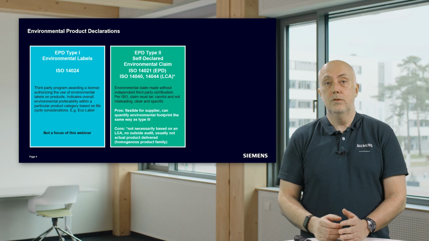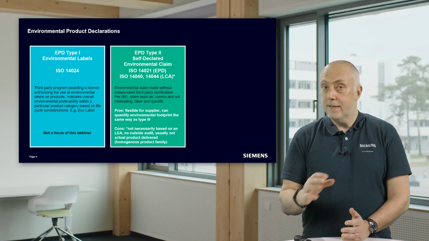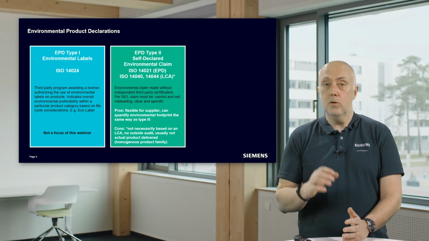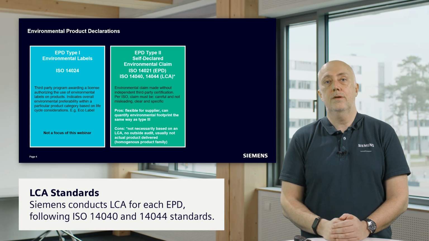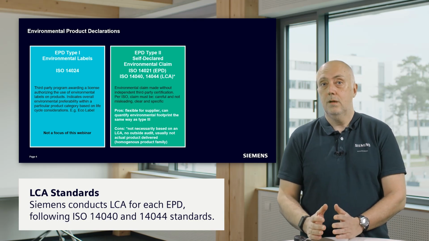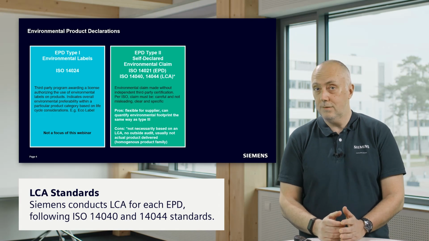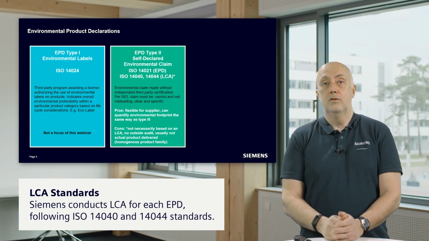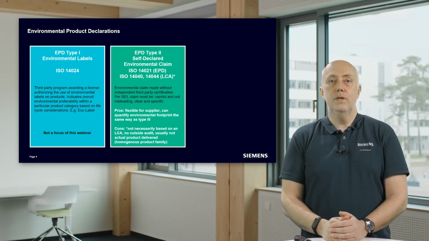Siemens uses type 2 EPDs extensively for its products. But in addition to following the ISO standard, we also decided to do an LCA for each EPD we create, following the required ISO 14040 and 14044 standards for the LCA. This is the same requirement to be followed to publish a Type 3 EPD.